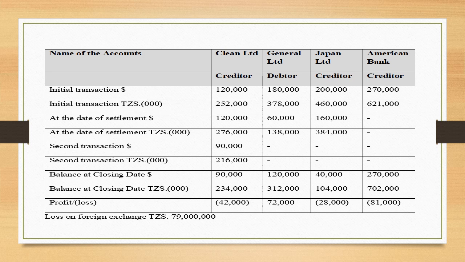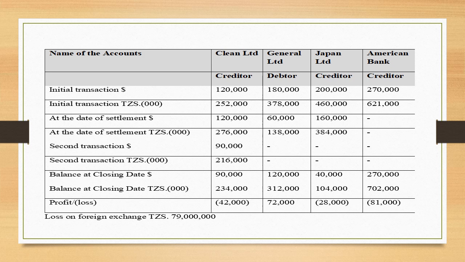For the General Limited debtor, we also have a 378 initial transaction, but they paid 138 million, and we remain with 312 million. So if you take 378 minus 138 million, and compare with 312 million, we make an exchange gain of 72 million.